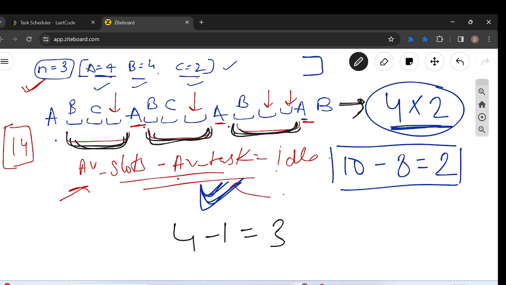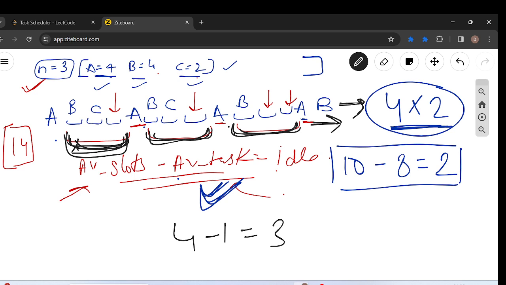They are n. But in this, B is also coming. Like if we have one more task, like D, and its frequency is also 4, then it will also come here. So we will not consider that, because they will come after this. It will not be considered in the free slots.